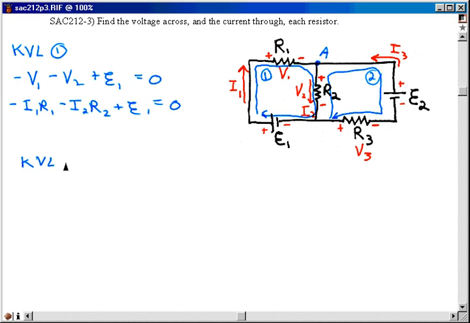Let's try KVL on another loop. Loop number 2. As I make this imaginary traversal of the loop, I go from low to high across R2, so that's a change of plus V2. And then from high to low here, I change a minus E2, and then plus V3.